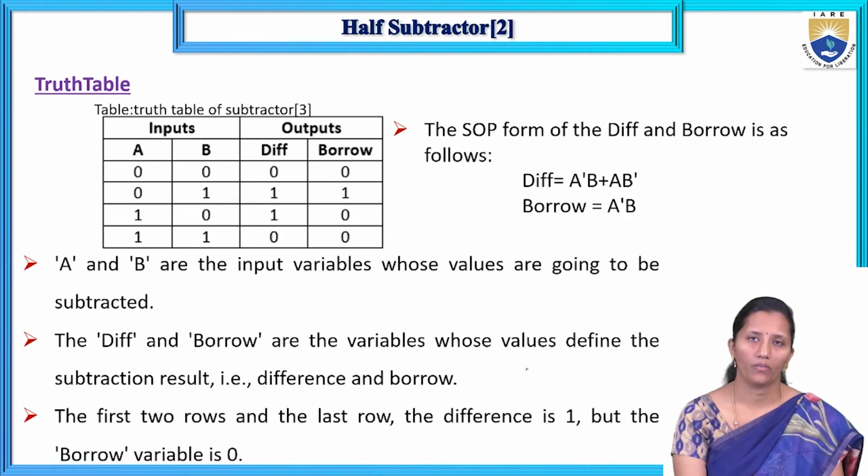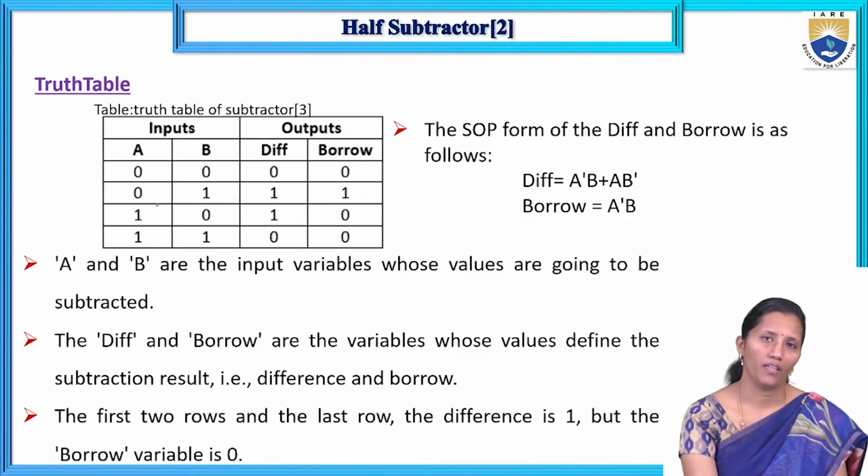So if we go for the truth table, for A minus B, A and B are both 1-bit binary numbers here. So we get the 4 combinations: 0 0, 0 1, 1 0, 1 1. For all the combinations, we have to observe the difference and borrow. 0 minus 0, we are not getting any difference or borrow. 0 minus 1: here we are subtracting a larger number from a smaller number, so we have to take a borrow.